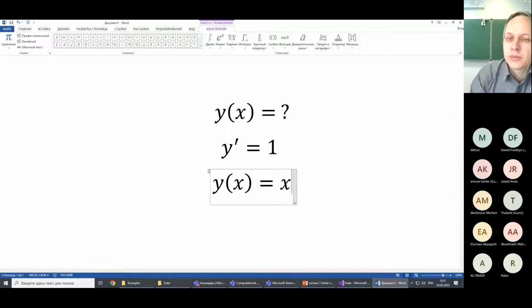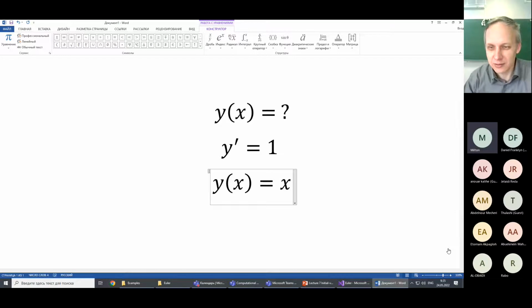What answer will be complete? Not y of x equals 1, but if you even don't remember the theory of differential equations, you can guess. x plus 1. Okay.